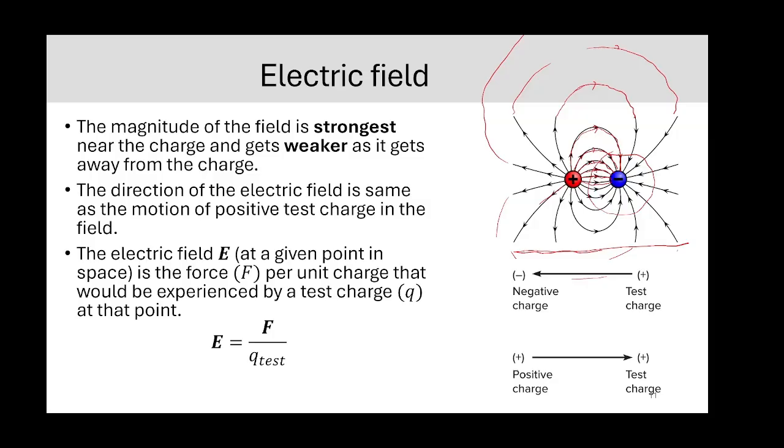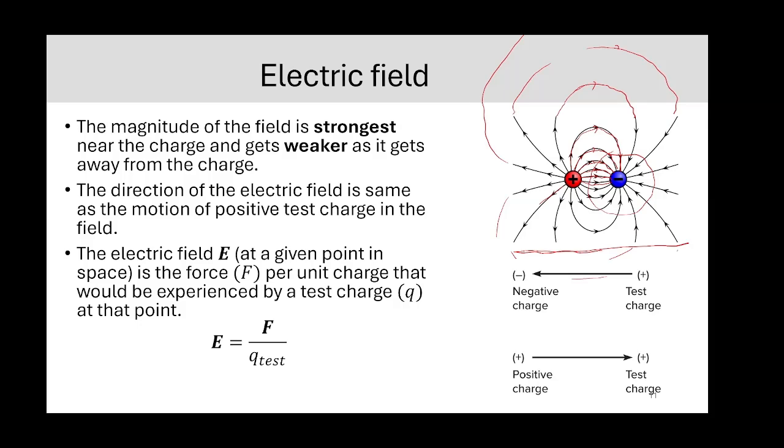And the strength of an electric field, like we talked before, is not uniform. It is strongest close to the charge and gets weaker as you move away from the charge.